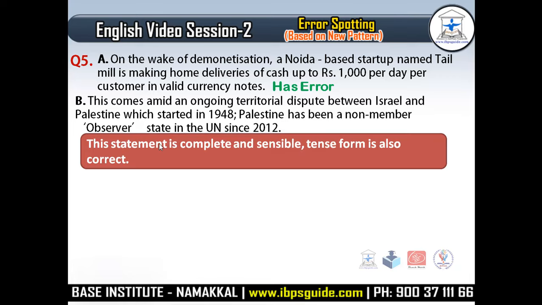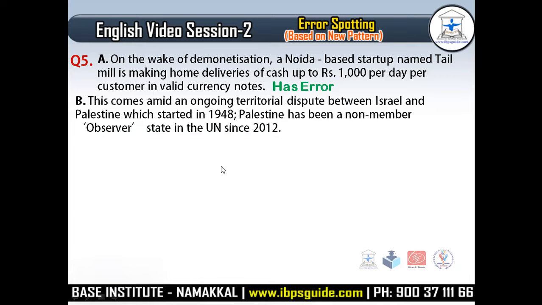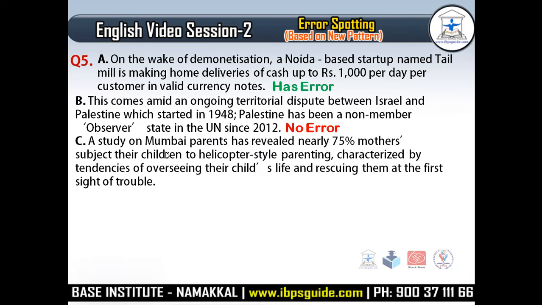The statement is complete and sensible, and tense form is also correct, so there is no error in it. Third statement: A study on Mumbai parents has revealed nearly 75% mothers subject their children to helicopter style parenting, characterized by tendencies of overseeing their child's life and rescuing them at the first sight of trouble.